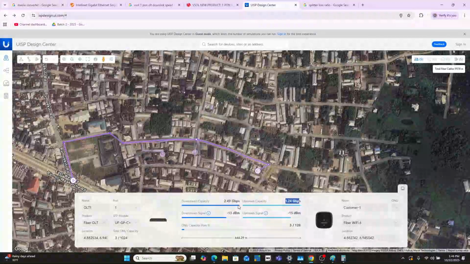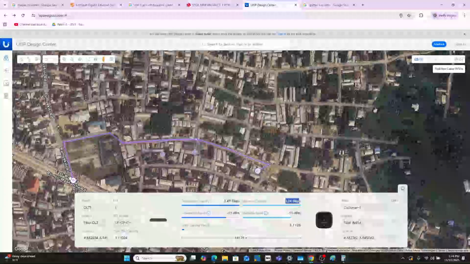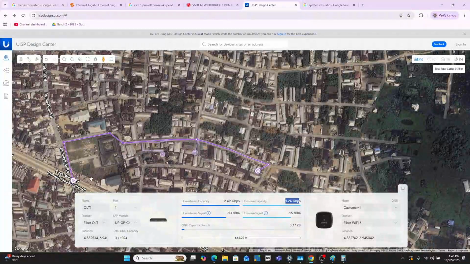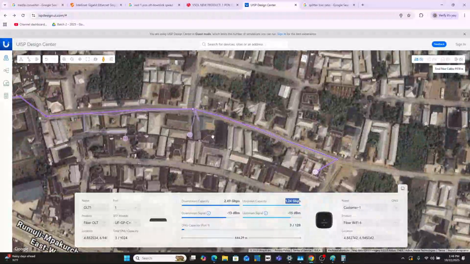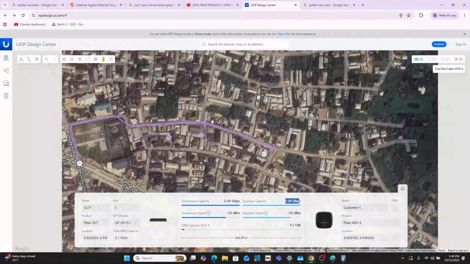But don't forget that the PON itself is actually the same thing, isn't it? So 50 customers are still sharing that 1.25 upload and 2.5 download. What we have learned from this now is we can plan our deployments, isn't it?